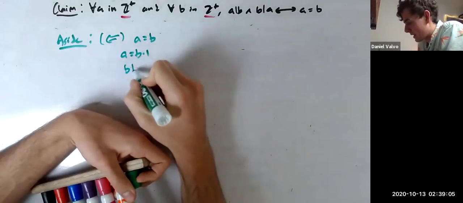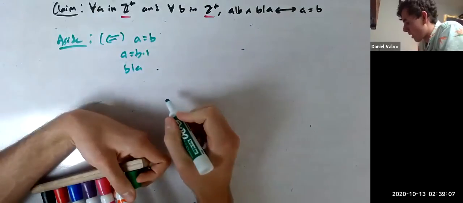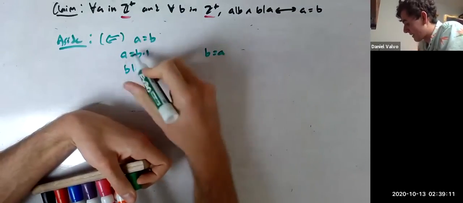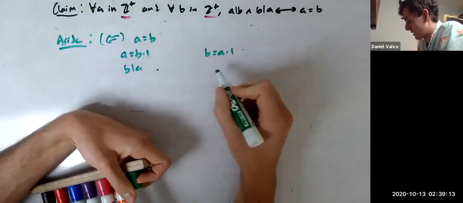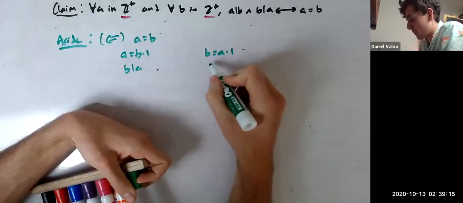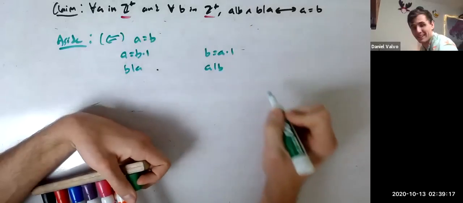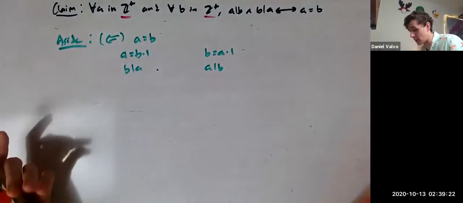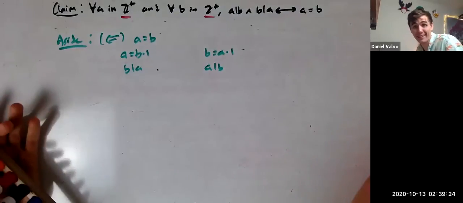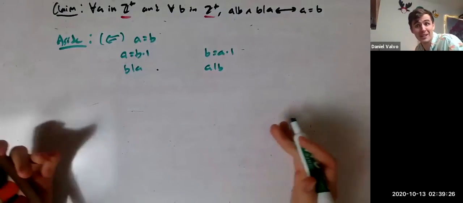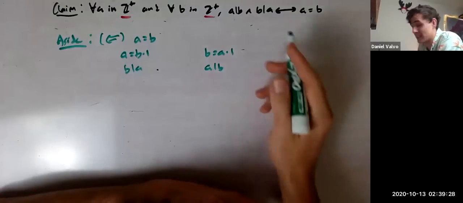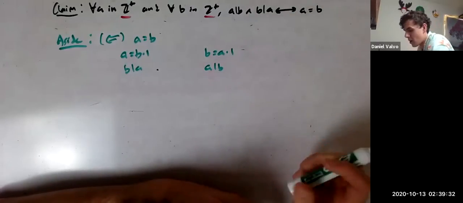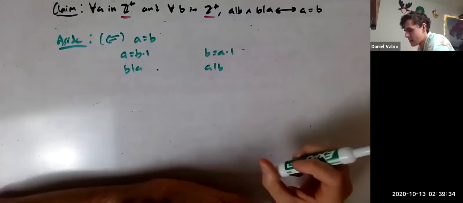So B divides A. Or we go the other way around, B equals A times 1, for example. So that makes B a multiple of A, so A divides B. So that's really easy, right? If A equals B, clearly A divides B and B divides A. That's just saying that a number divides itself, which it does. It's saying the same thing twice, in a certain sense. So, yeah, that's all that's saying.